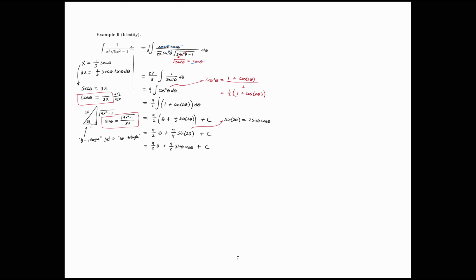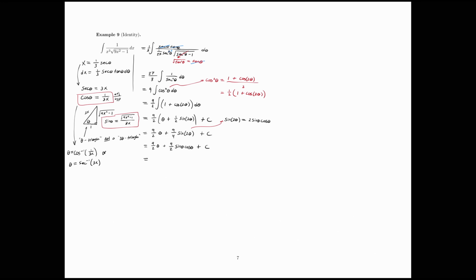Doesn't matter how you want to do it. I would probably just go with cosine. Cosine inverse. So theta equals the cosine inverse of 1 over 3x, but you could have also said theta is the secant inverse of 3x. I don't care. Either one of these is a fine choice. Just pick one. This one or that one.